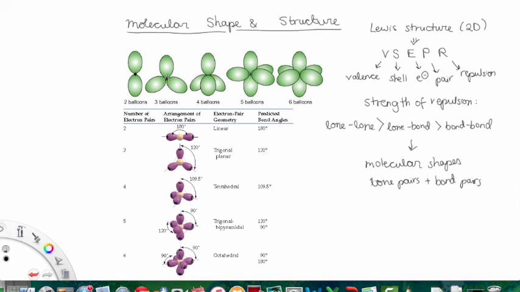If you have three balloons, it's also going to be like this. Finally, for 4, it would look like this, and for 5 and 6. If you bound these balloons together, they would take on these forms, which is exactly what these molecules do. In order to get these different molecules, we need to learn how to draw different configurations and these different geometric models. Now let me walk you through each of the different molecules.